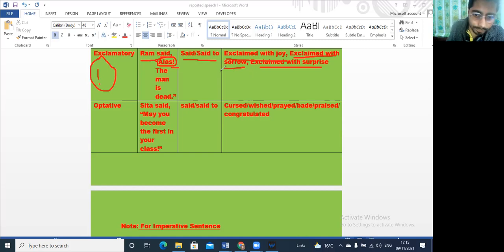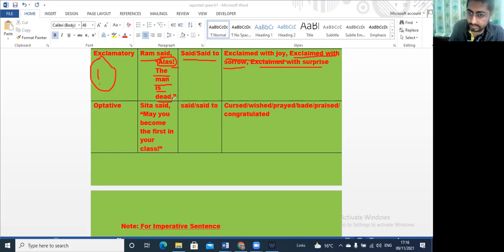And as we know, comma and inverted comma are replaced by that. Okay. Now, before this, let me clear this point. Ram said, alas, the man is dead. The man is dead. This is surely not good news for anyone. Obviously, it's shocking news.